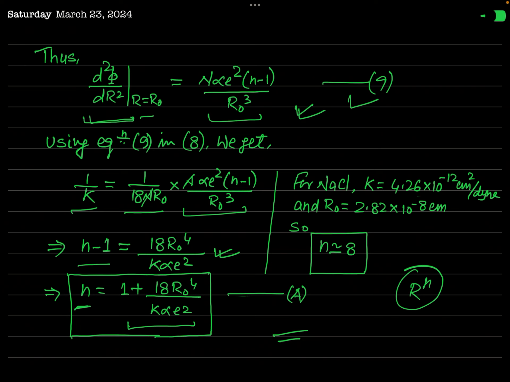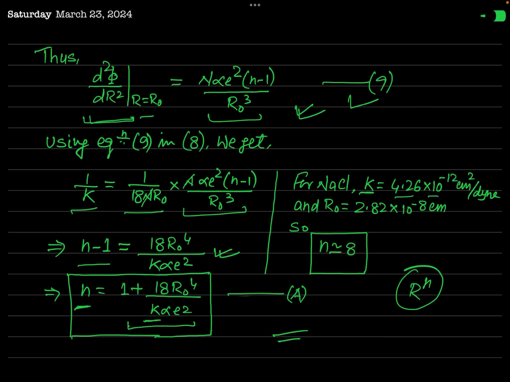So in this way we have obtained the expression for the repulsive exponent n in terms of the adiabatic compressibility k of our ionic crystal. If you take the particular example of sodium chloride crystal, for sodium chloride crystal, the adiabatic compressibility k is equal to 4.26 times 10 to the power minus 12 centimeter square per dyne.